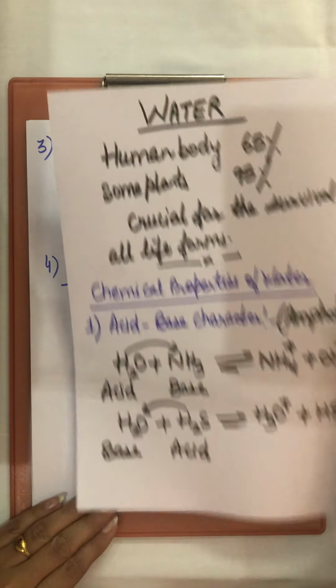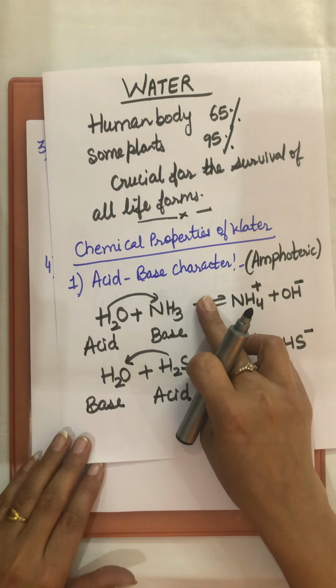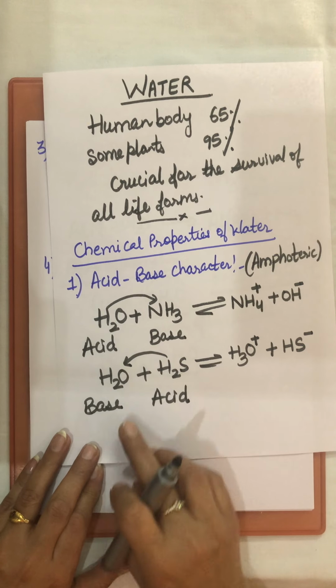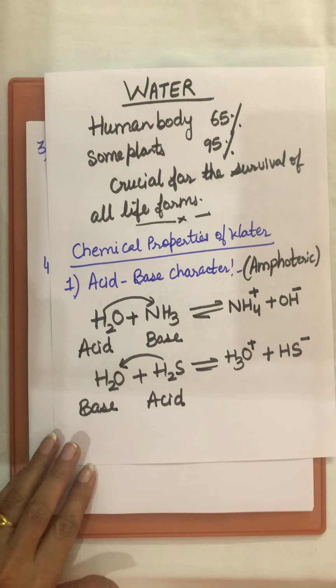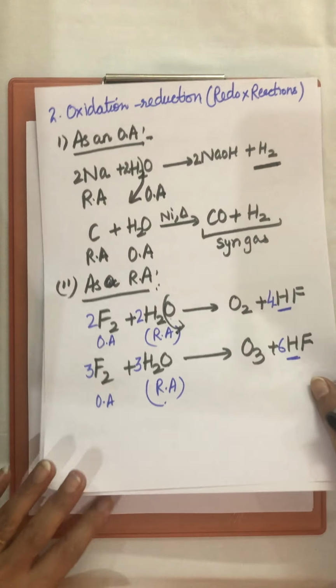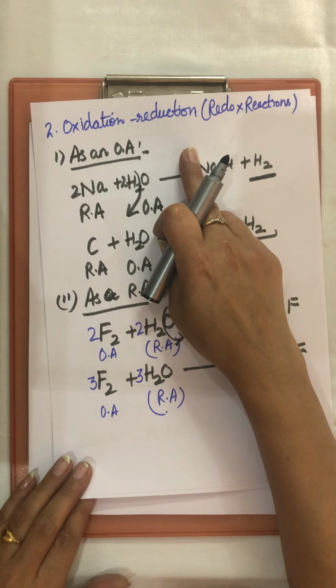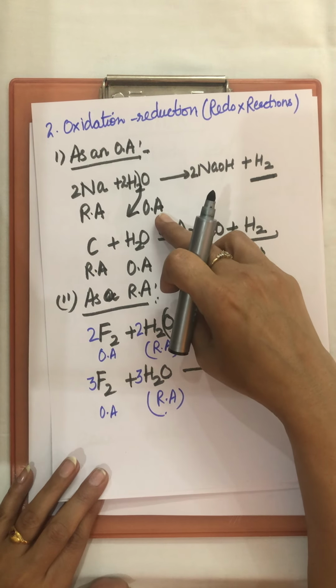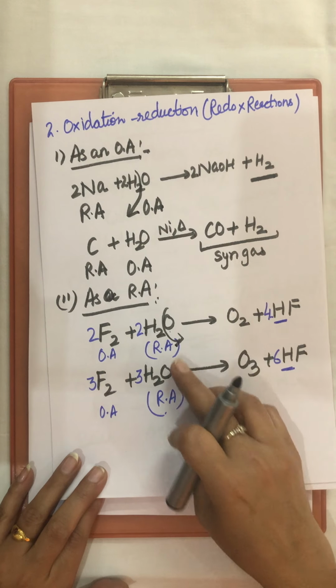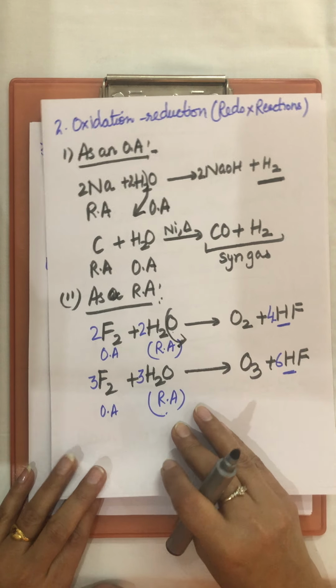The first one is acid-base character: water can act as an acid as well as a base. Second chemical property, oxidation reduction reactions: water can act both as an oxidizing agent as well as a reducing agent.